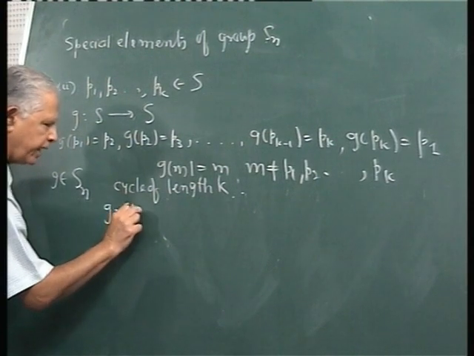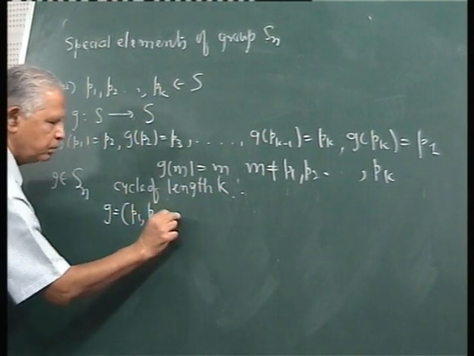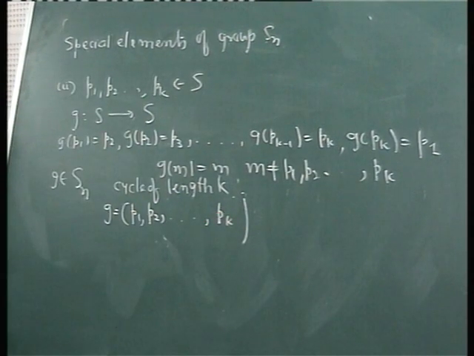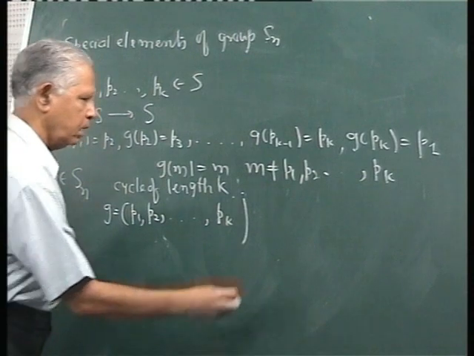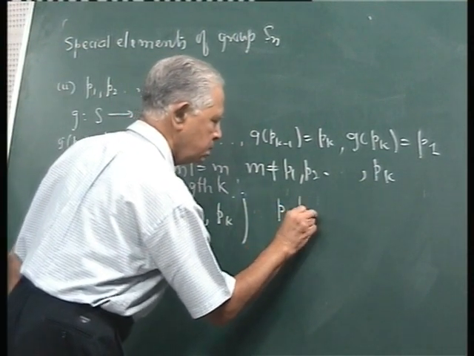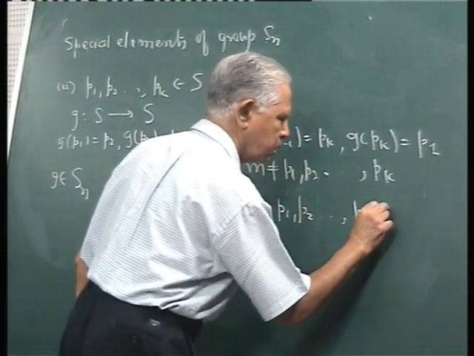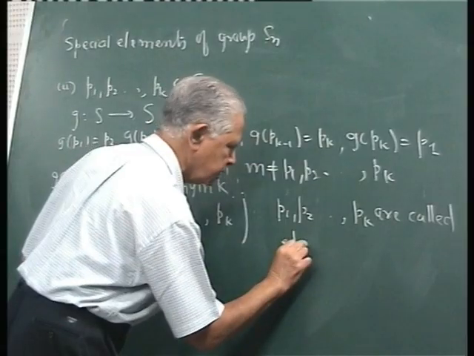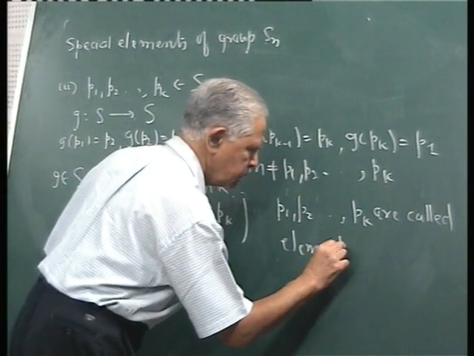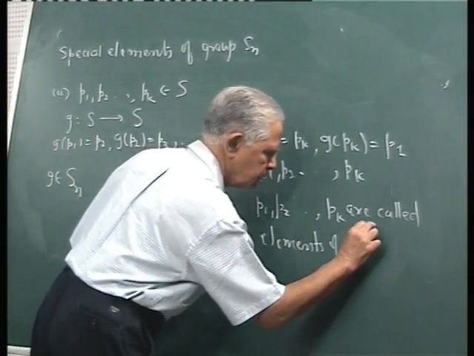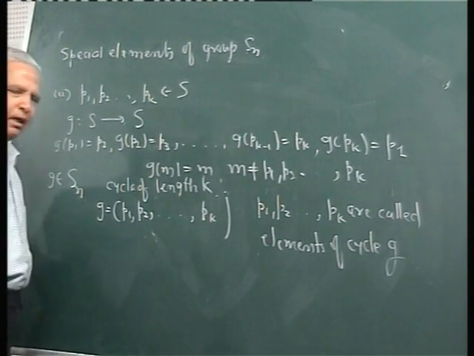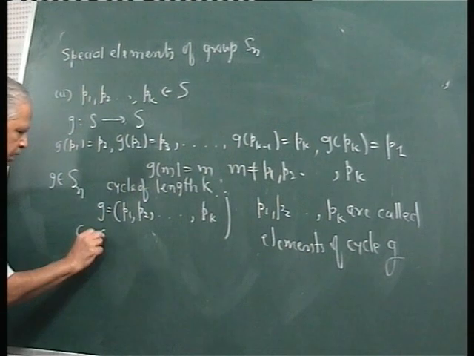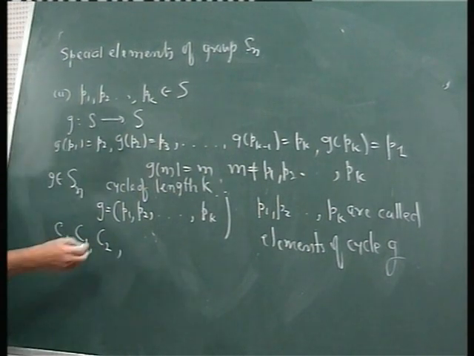We denote G as (p1 p2 ... pk). p1, p2, ..., pk are called elements of cycle G. Usually we denote these cycles by the notation C1, C2, C3 and so on.